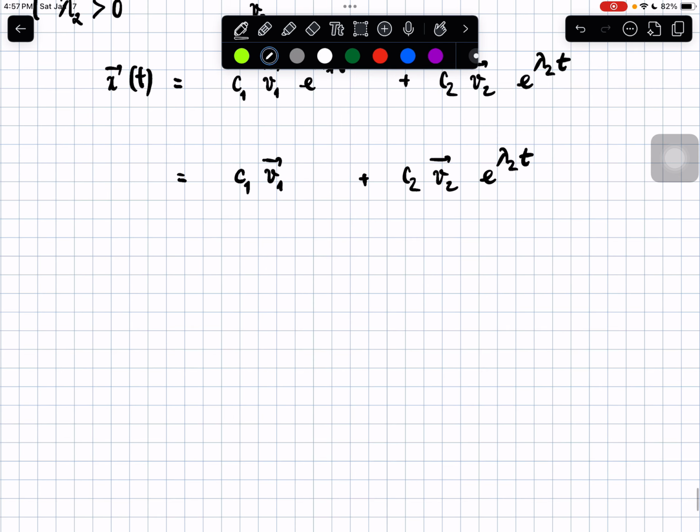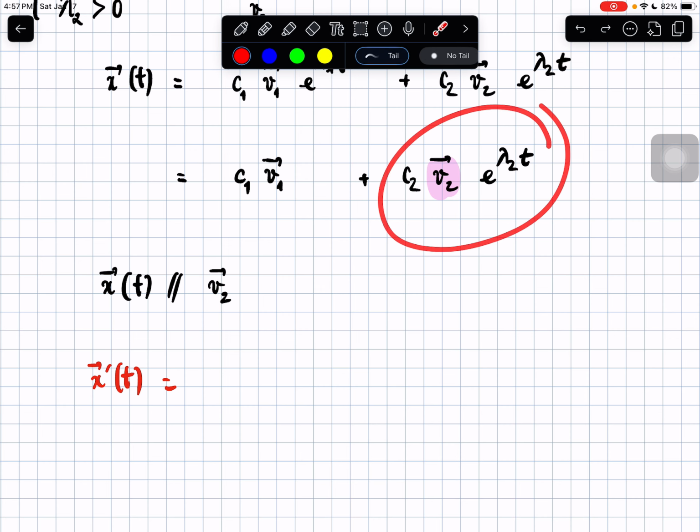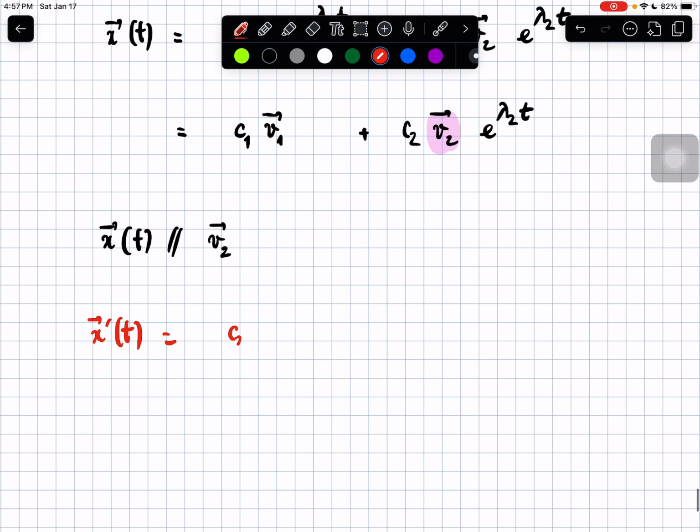Now look at this solution. We know that it is parallel to v2 for sure. One way you can see that is, as x(t) is parallel to v2, you compute the derivative x prime(t). This one, c1 v1, is just numbers, vectors times scalar, so this first term disappears, 0. The second term, this one prime, is c2 v2 lambda 2 e^(lambda 2 t).